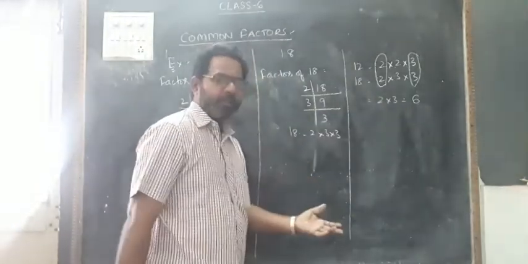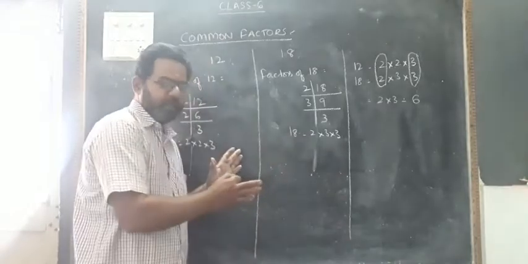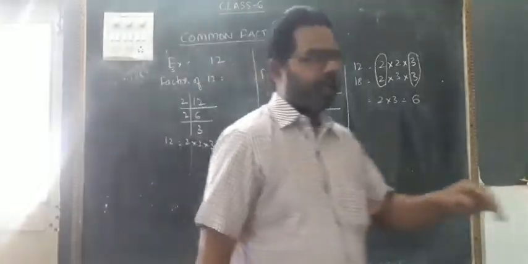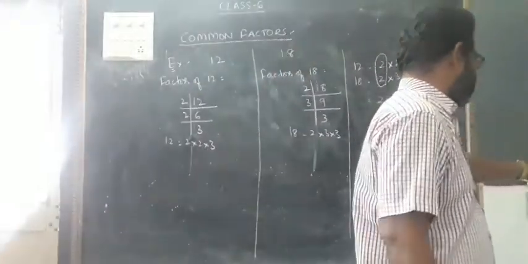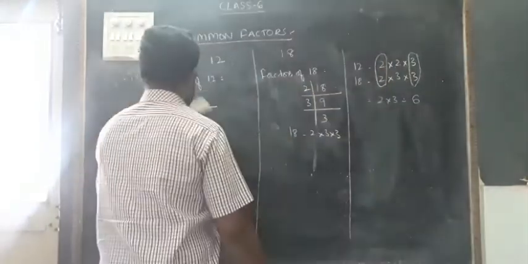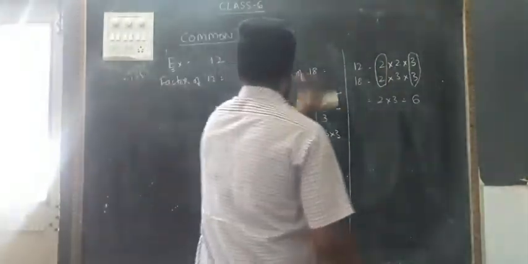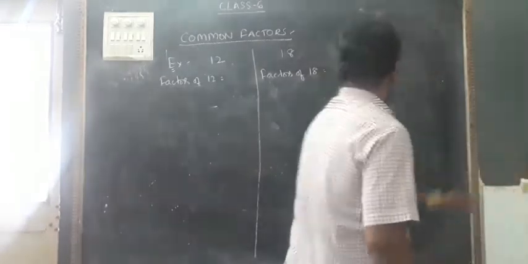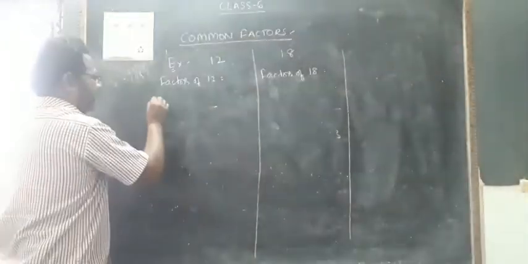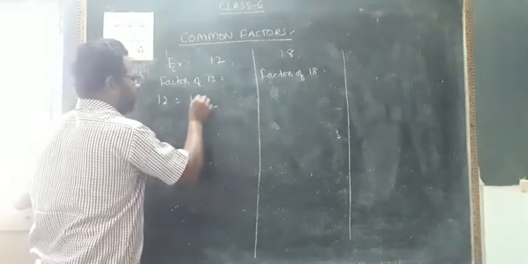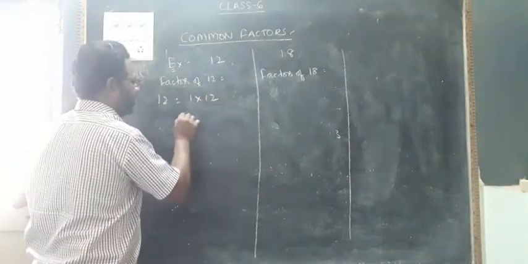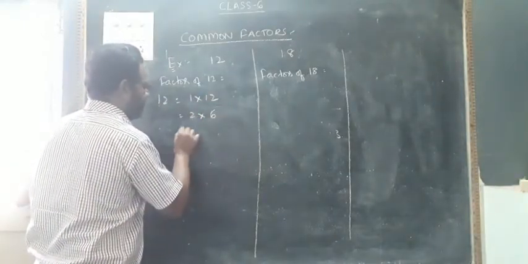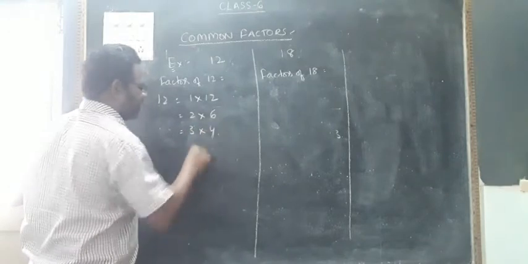This is the prime factorization method. In another method also, we can find the common factors of these two. We know 18 and 12. If you write the factors of 12 in one table, 1 12 are 12. 2 table, 2 6s are 12. 3 table, 3 4s are 12.